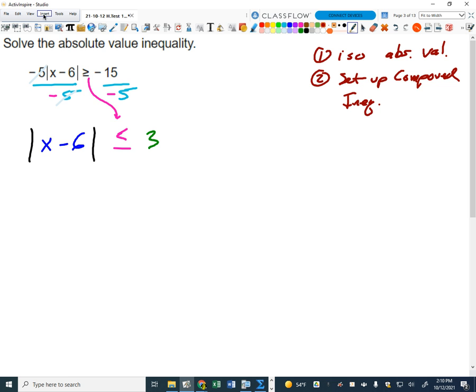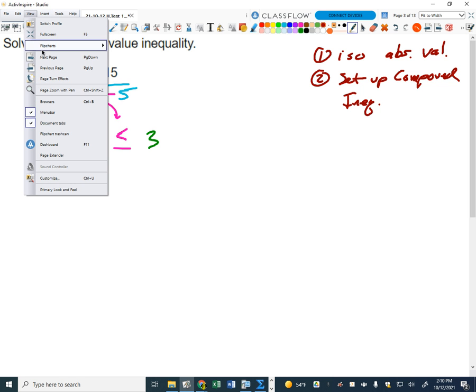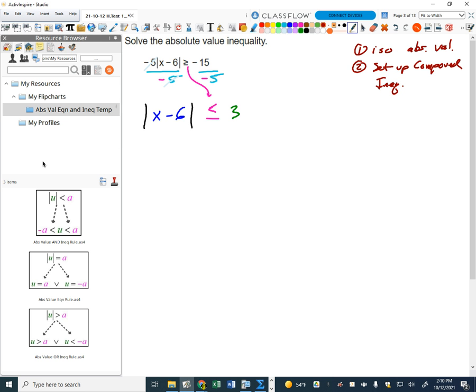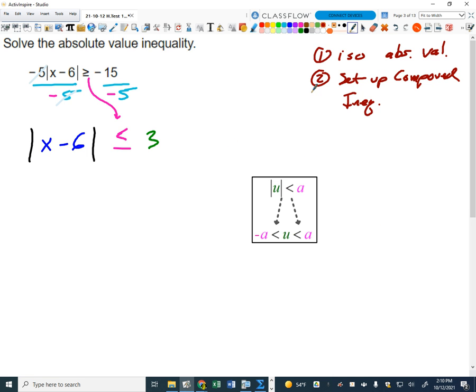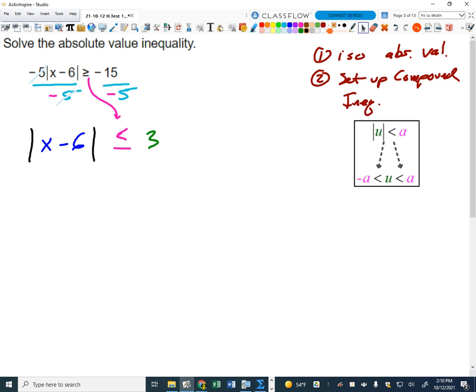Pull down my little template here. There it is. Okay, there's my pattern, right? That's the inequality pattern we're going to use. So whatever's inside is going to end up being in the middle, right?